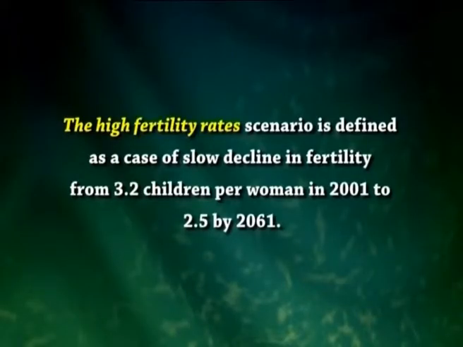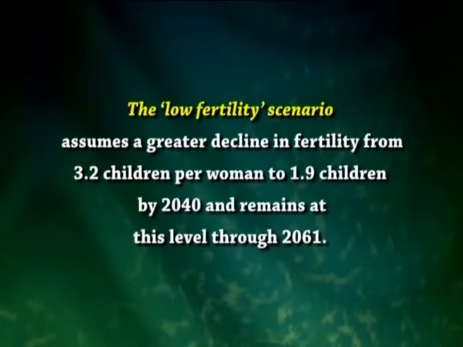The high fertility rate scenario is defined as the case of slow decline in fertility from 3.2 children per woman in 2001 to 2.5 by 2061, while the low fertility scenario assumes a greater decline in fertility from 3.2 children per woman to 1.9 children by 2040 and remains at this level through 2061.